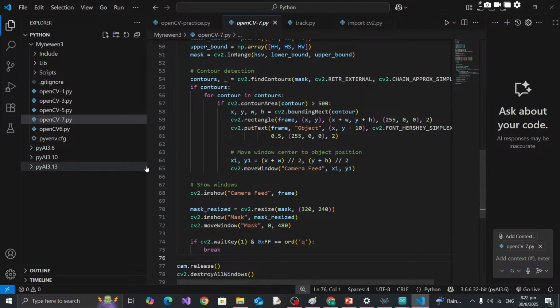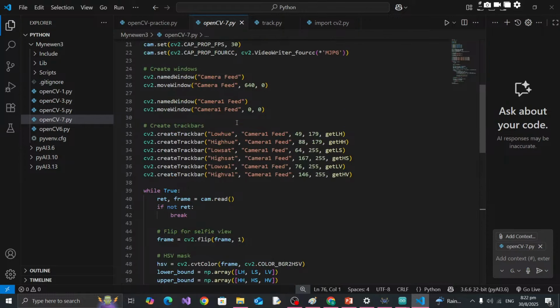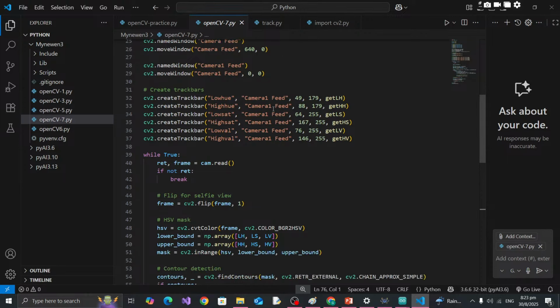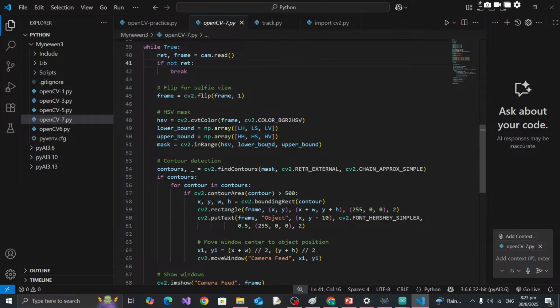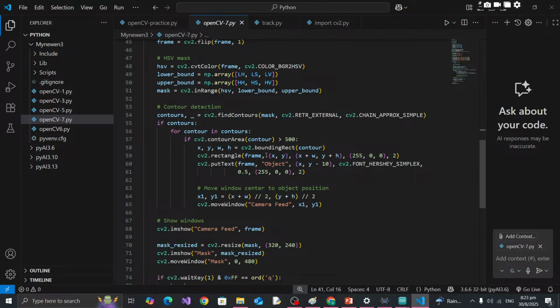I have embedded this program in a Raspberry Pi, and what it does is open my webcam and check for the specific color which I have given here. Using this trackbar, it will check for that specific color, show it, and track it using OpenCV. This cannot be done in Arduino or ESP32. This can only be done in Raspberry Pi.